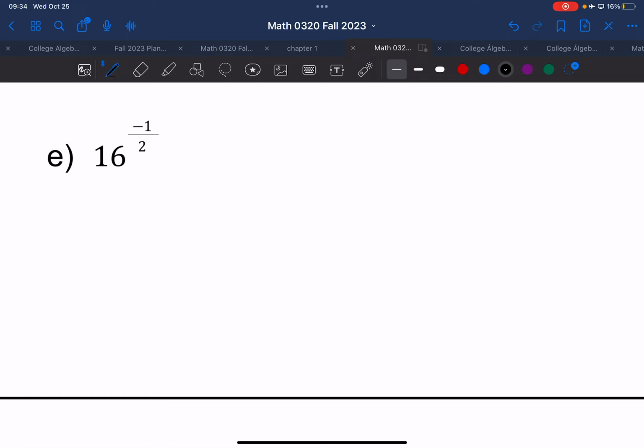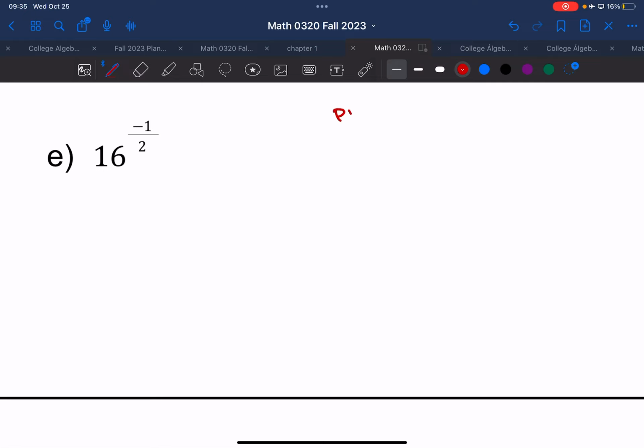Close. So we're not flipping anything, but we are going to do something where we have to move this whole thing somewhere else. So not quite. Let me write this rule over here.